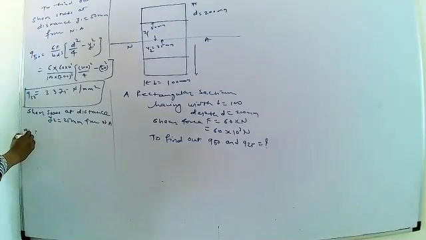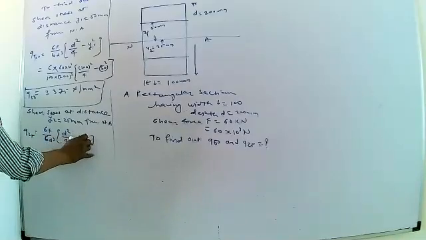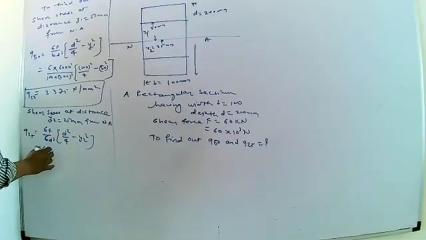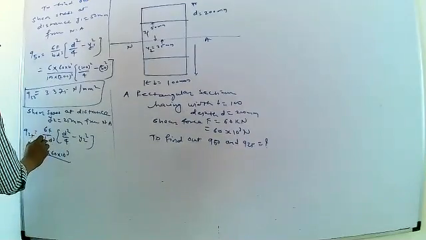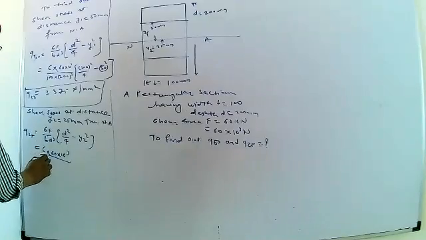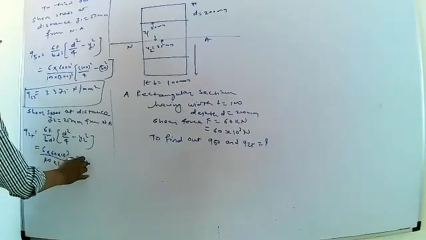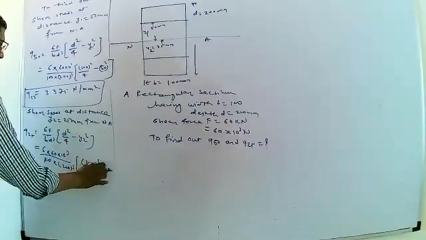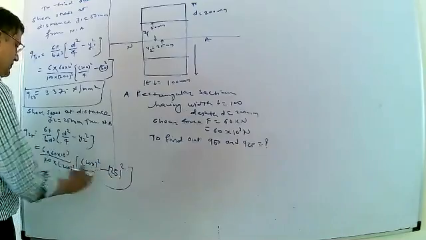Then here we just apply the same formula, 6F upon BD cube into bracket D square upon 4 minus y2 square. Here 6 into 60 into 10 raised to 3, divided by B, which is 100, into D which is 200, cube, into 200 square upon 4 minus y2 which is 25 square.